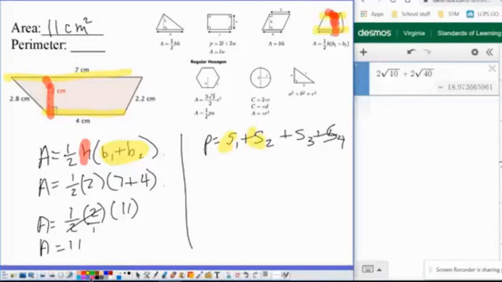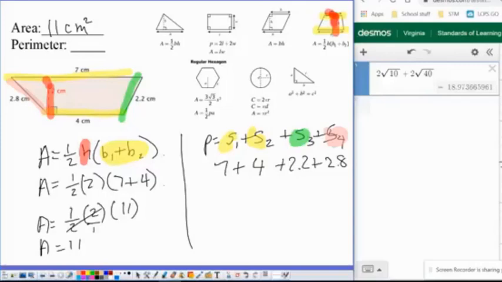Now, if you're looking at the 2.2, that's the third side, and 2.8 is the fourth side. So yellow, pink, red, and green make up the 4 sides of that trapezoid. The red height does not, because that's a dotted line and it doesn't follow that outline.